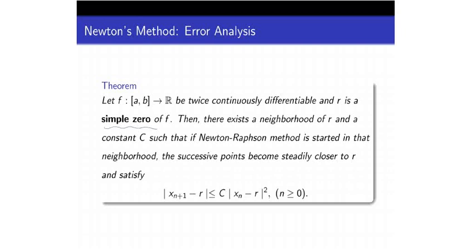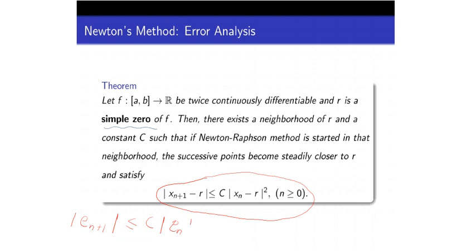So last time we were discussing Newton's method and its error analysis. What we were observing there is that the error at the (n+1)th term satisfies the following type of inequality: mod of e_{n+1} is less than or equal to c times mod of e_n squared.